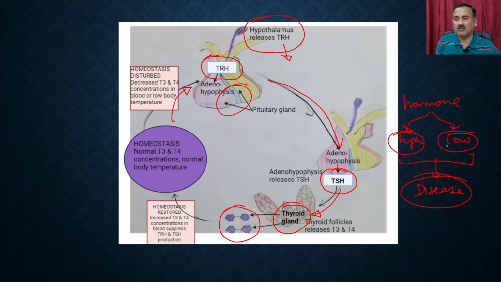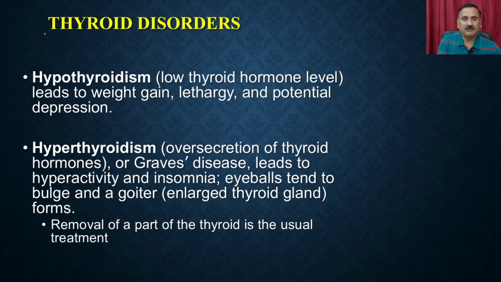If there is low hormone production, that also is going to contribute to the disturbance of homeostasis, and both ways it is going to affect the overall physiology of that particular individual. So, let us see how the thyroid hormones are going to cause disease. In the case of thyroid, you can have two different diseases. One is called hypothyroidism, the other one is called hyperthyroidism.